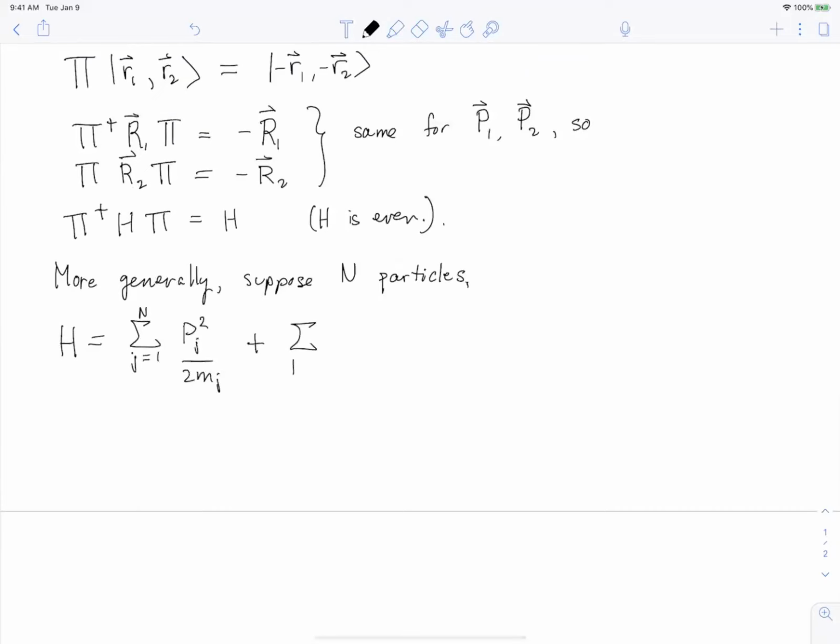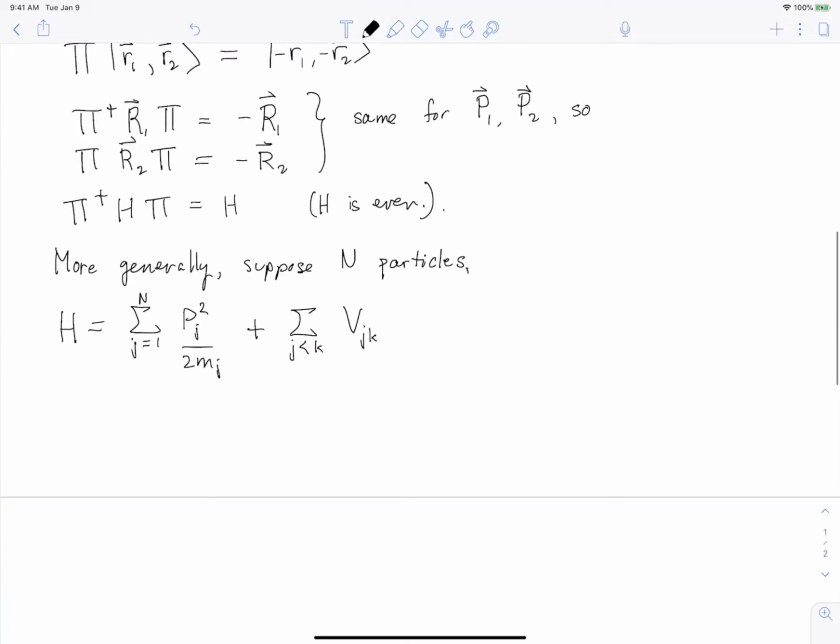I'm going to be summing over two labels, and I'm going to enforce that j is less than k. And then there's a potential between every pair of particles, and they can be different potentials, so they're labeled by both indices j and k. And then I'm going to make this dependent on the magnitude of the distance between the two particles.